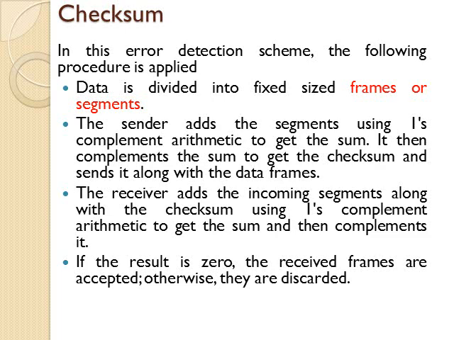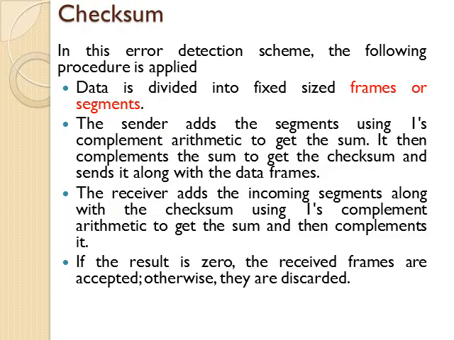Then it complements the sum to get the checksum and sends it along with the data frames. The receiver adds the incoming segments along with the checksum using 1's complement arithmetic to get the sum, and then complements it. If the result is 0, the received frames are accepted, otherwise they are discarded.